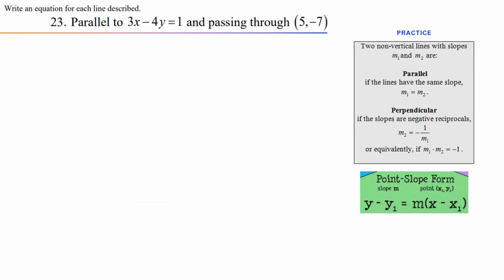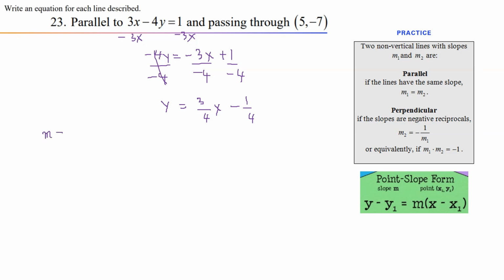Okay, so number 23, we solve for y, so subtract 3x both sides. We have negative 4y equals negative 3x plus 1. Now divide both sides by negative 4. We have y equals 3 over 4x minus 1/4. Parallel, right?